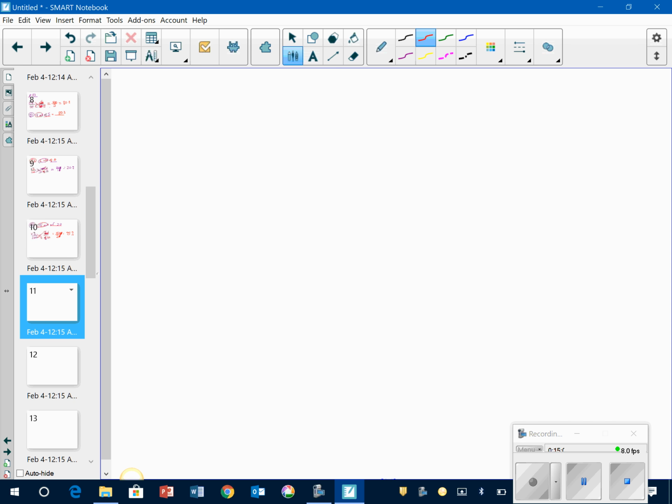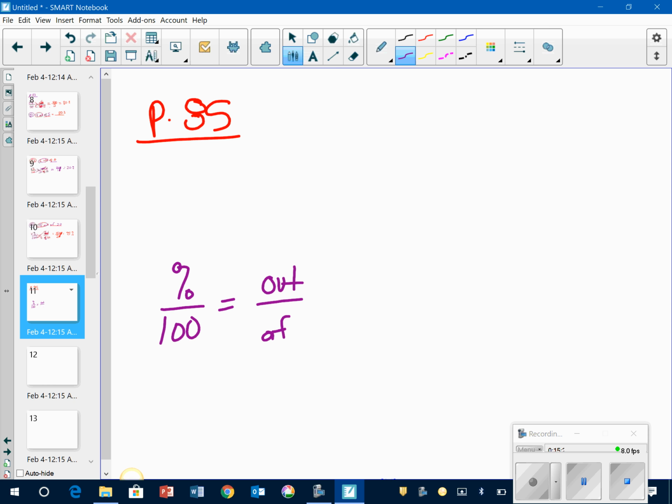Okay, now on page 85, we're going to use the same formula for this one as well. You have your formula, percent over 100 equals out over of. This one's a little bit trickier, but number 66: if n is 20% of 50, what is n going to equal?